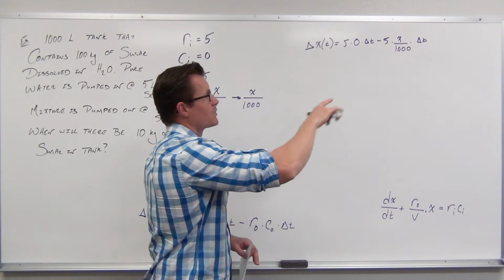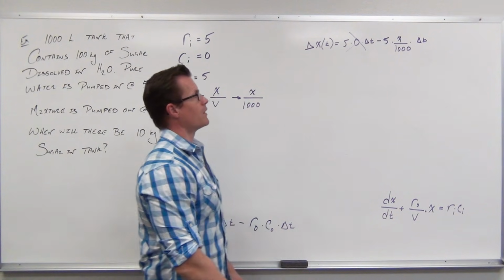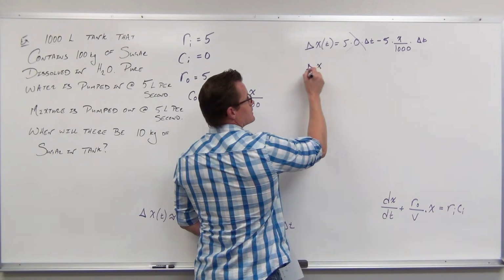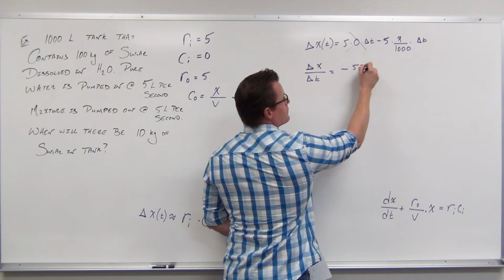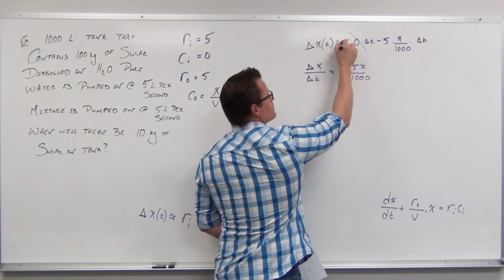If we divide both sides by delta t, notice how this whole first term is 0? That's completely gone. We would get delta x over delta t is equal to negative 5x over 1,000. That's an approximation.